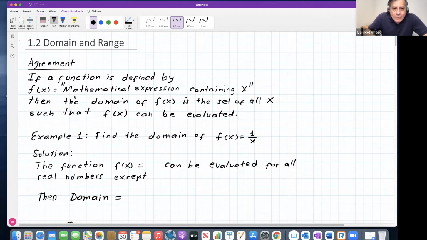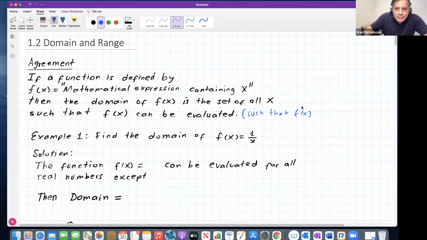So if they give you a function f of x equals some mathematical expression containing x, then the domain of f of x by default, as an agreement, is going to be the set of all x such that f of x can be evaluated, such that f of x makes sense, right? Let's write down within parentheses here, such that f of x makes sense. So all the x values such that f of x makes sense are supposed to be part of the domain, okay? Part of the domain.